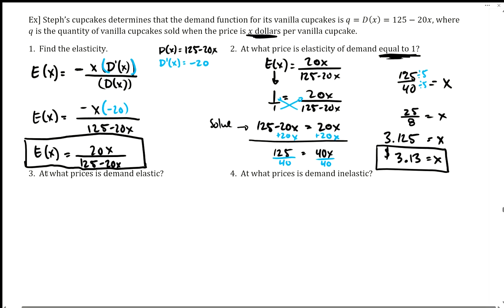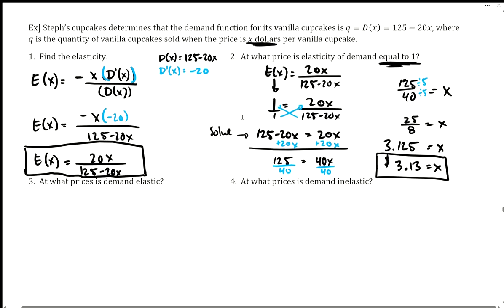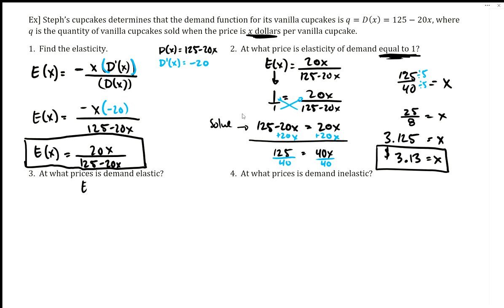Okay, so number 3, it says, at what prices is demand elastic? Okay, so that's over here. So this part, that second bullet, so that's when E of X is greater than 1. Okay, so what we'll do, with this problem, since we solved for number 2, we're going to just use this again.